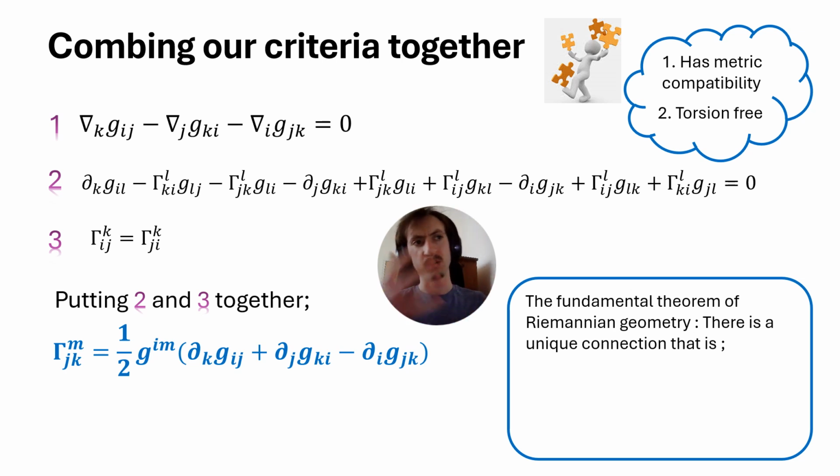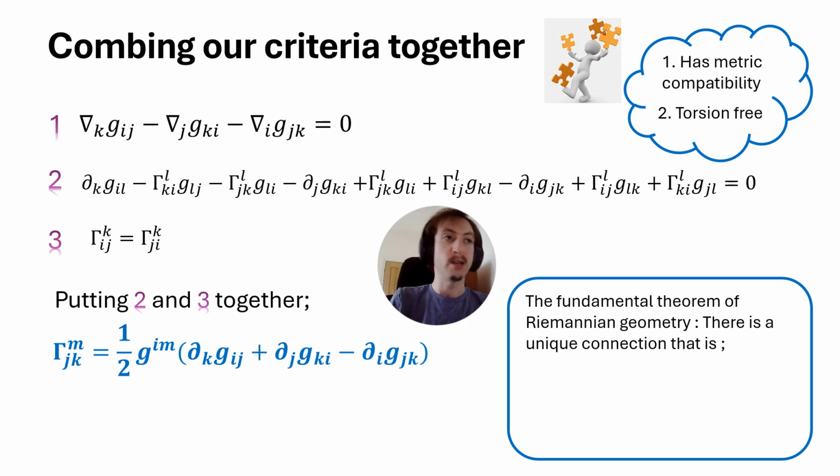But given that, you might wonder, is there another way to calculate a connection coefficient from a metric which has metric compatibility with the covariant derivative, and where the connection coefficients are torsion-free?